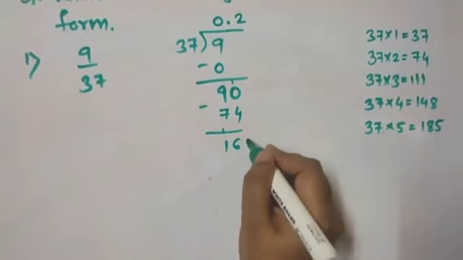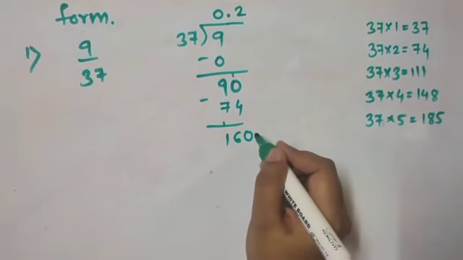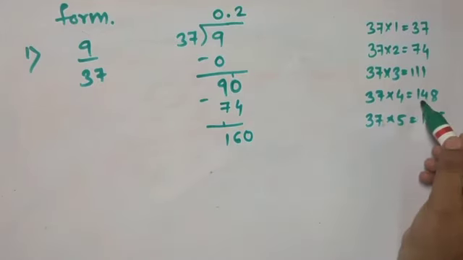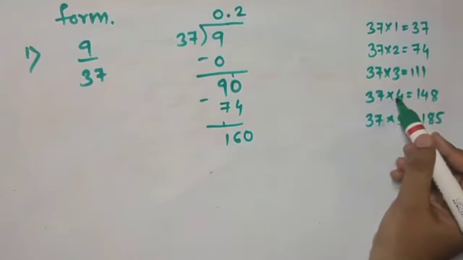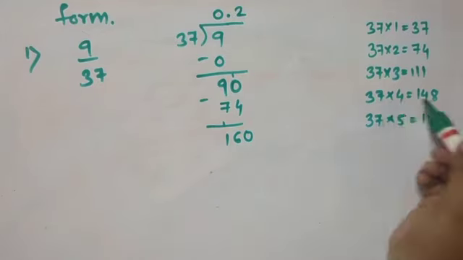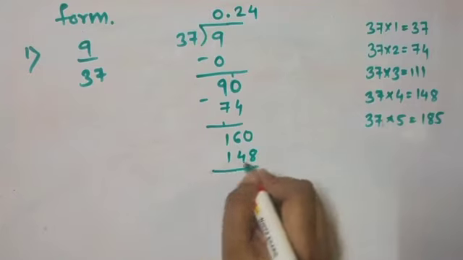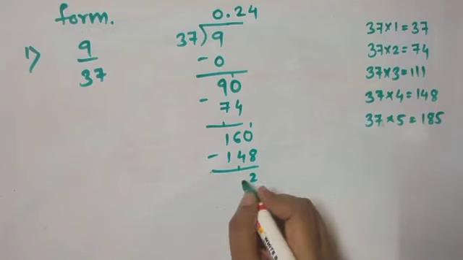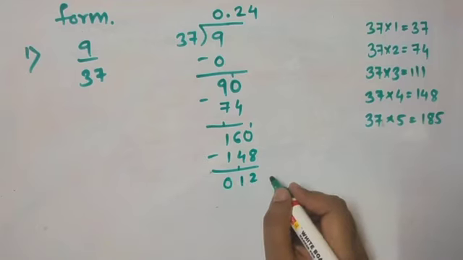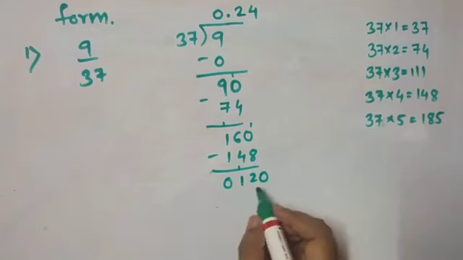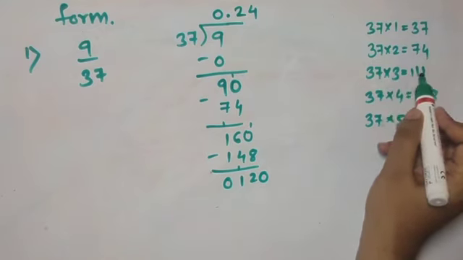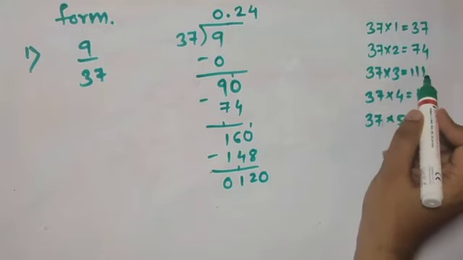Now we are taking 0 here, 160. 37 multiplied by 4 is equal to 148. The remainder is 12, then again 0 here. Now 120. 37 multiplied by 3 is equal to 111.